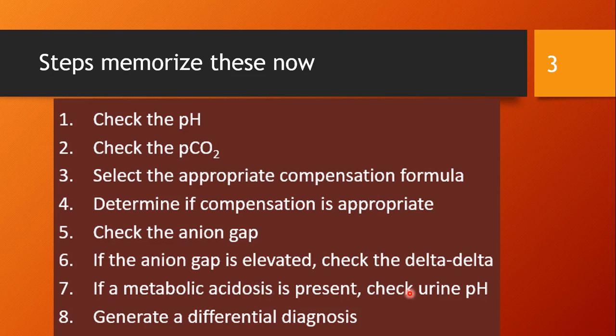If the urine pH is greater than 6 and the blood pH is less than 7.34, then you're dealing with a renal tubular acidosis, RTA. That's from memory. Hopefully I didn't make a mistake there. Generate a differential diagnosis at this point, and I'll talk about how to do that as well.